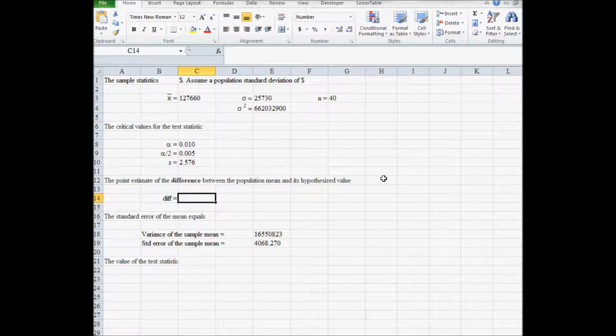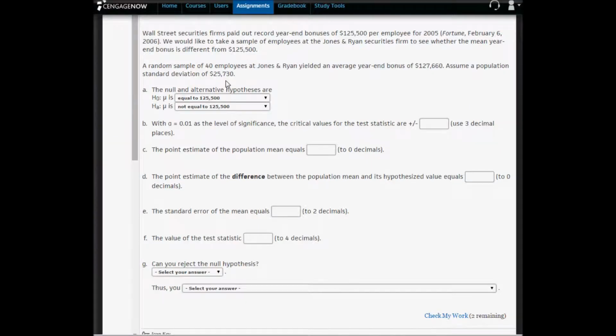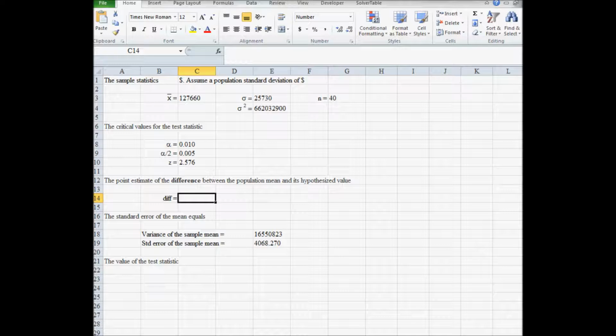Next, we want to find the point estimate of the difference between the population mean and its hypothesized value. The hypothesized value is from the problem, 125,500. We're going to copy that and use that in Excel.